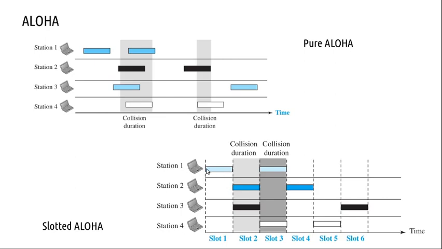If it has more data to transmit, it has to wait for the next slot to begin, and only then can it transmit. So the nodes will not transmit at random. They can transmit only at the beginning of an interval, so they have to wait. That is one thing. They have to see whether the time slot began or not, and wait for the beginning of the next time slot. That's why I said wait is a concept that comes in CSMA/CD.